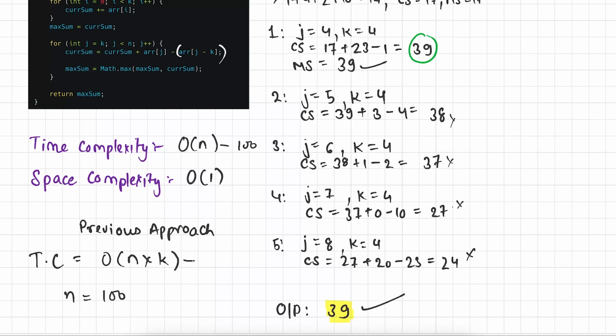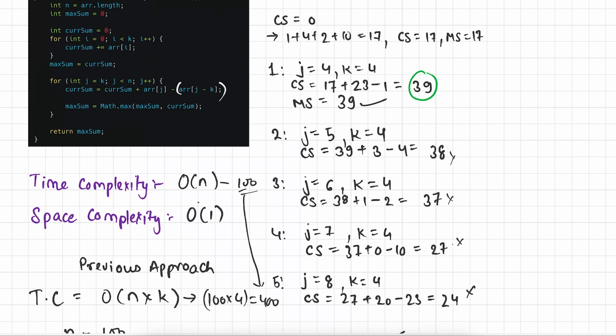But in case of the previous approach, this time complexity turns out to be 100 into k, that is 4, and that is equal to 400. And you can see that this is a considerably larger value than 100. So this is how the sliding window technique helps us to reduce time complexity significantly.